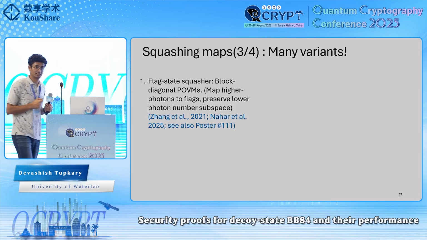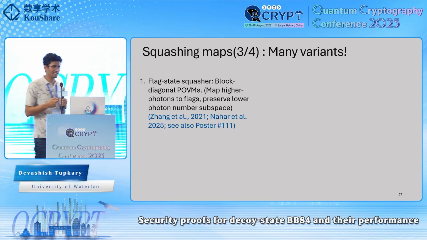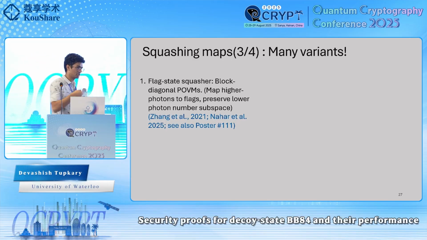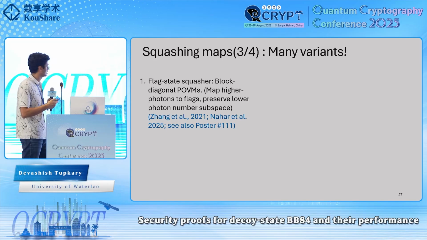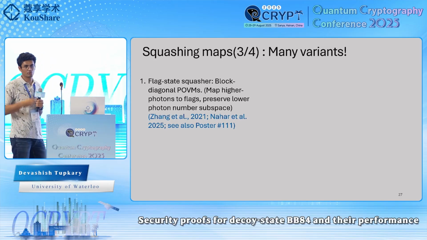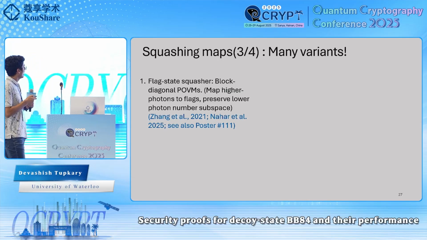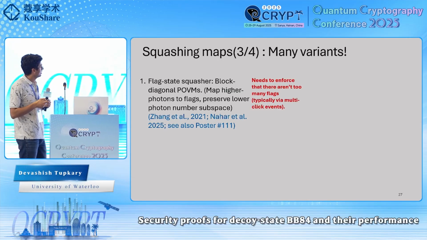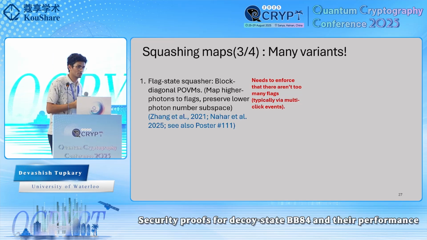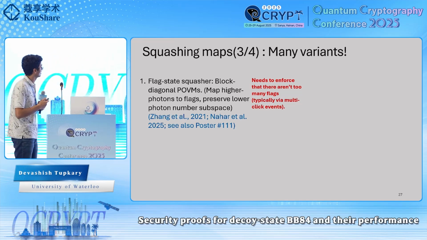Then we have the flat state squasher, which is widely used. Here, the idea is you preserve all photon numbers coming in below a certain threshold, and whatever is higher than that threshold, you simply measure it and spit out a classical flag. Except that you need to enforce that there aren't too many classical flags generated by this squashing map, right?